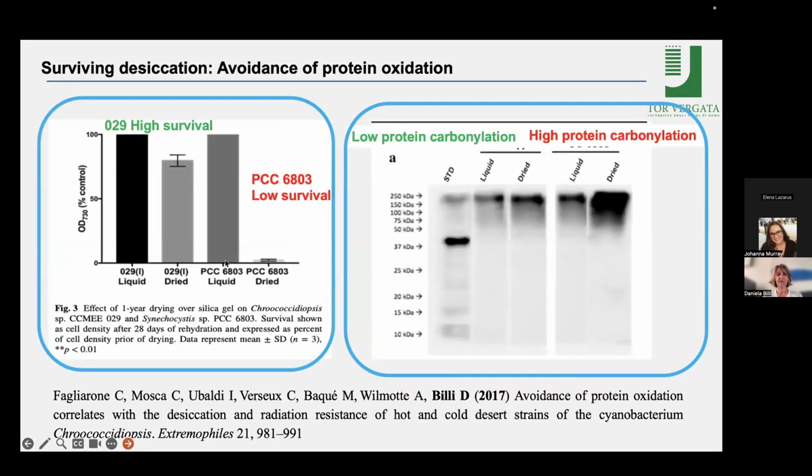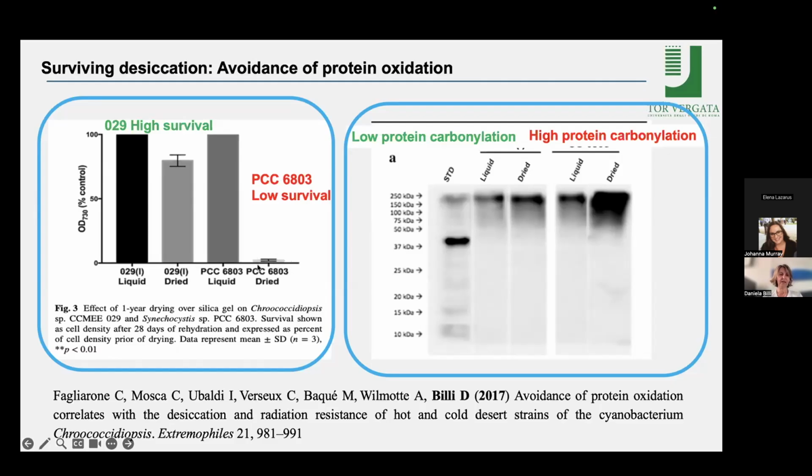The other strategy is to protect proteins against oxidation. So we investigated the carbonylation of proteins. We extracted all the proteins from dried cells. As a control, we used Synechocystis PCC 6803, which is very desiccation susceptible and dies when you dry it down very quickly.